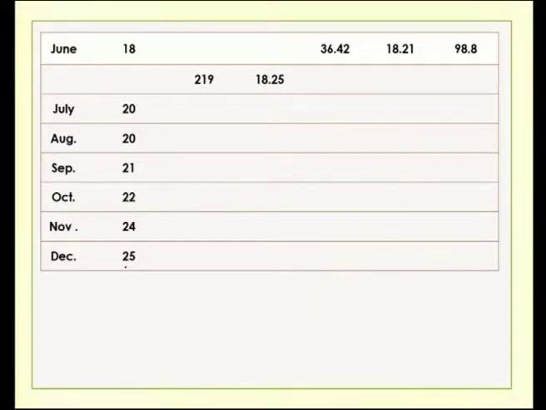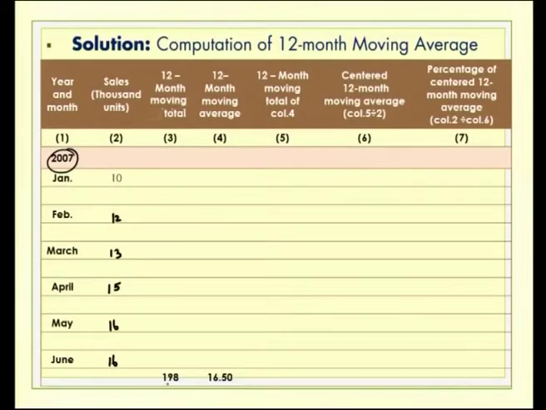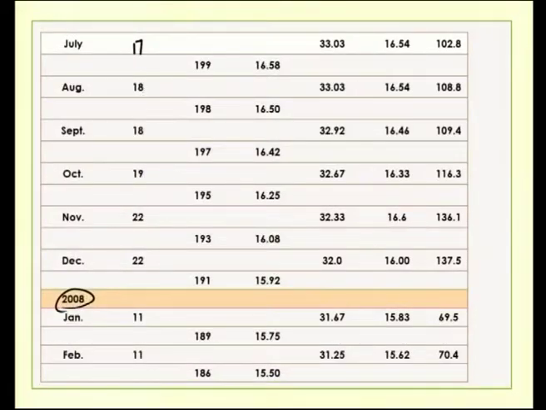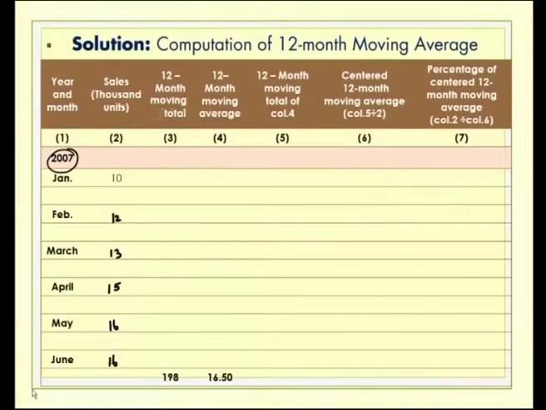First of all, for the 12-month moving total, placing the value in the proper place is very important. That is the first 12 values. Let me read out the first 12 values: 10 plus 12 plus 13 plus 15 plus 16 plus 16 plus 17 plus 18 plus 18 plus 19 plus 22 plus 22 gives you the total 198.